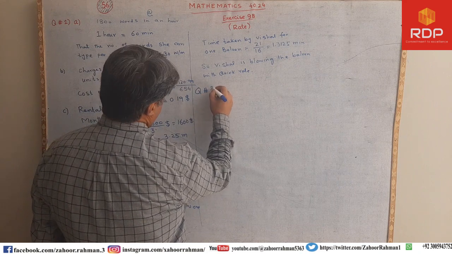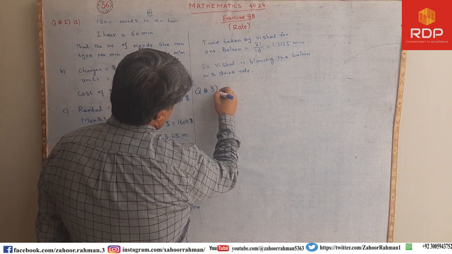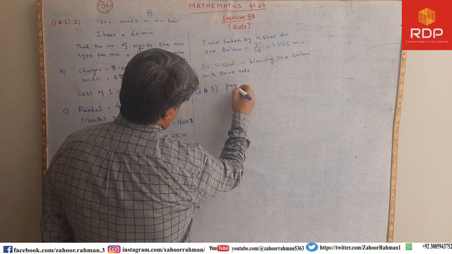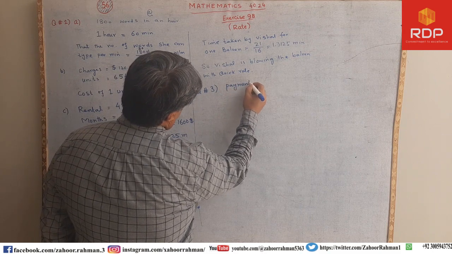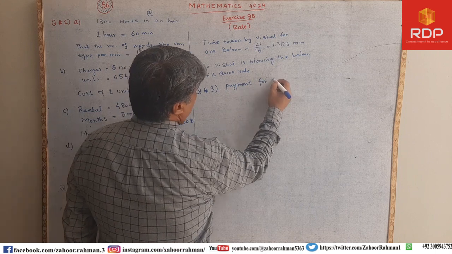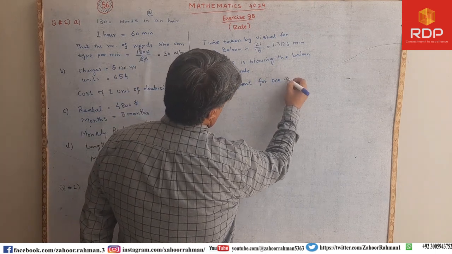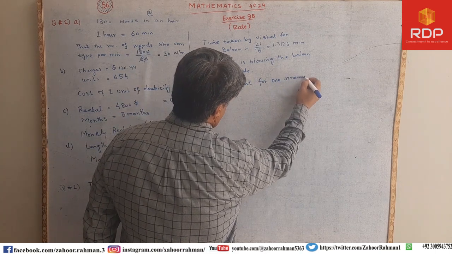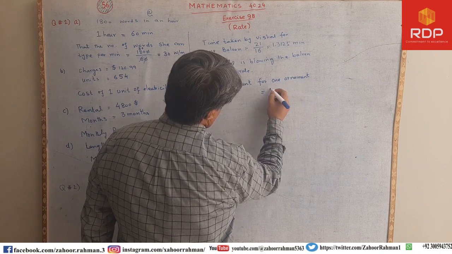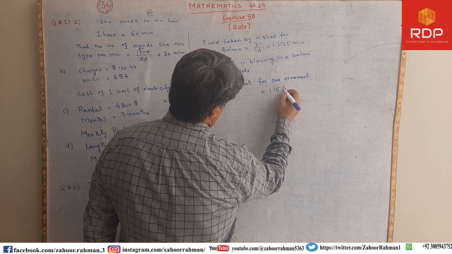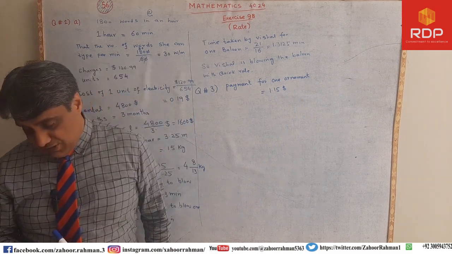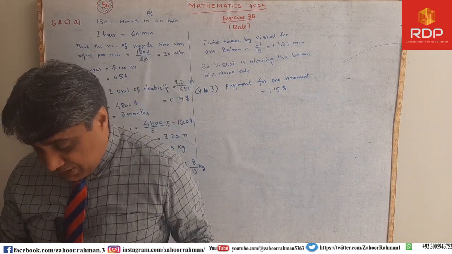This is question number 3. Payment for one ornament is equal to $1.15.